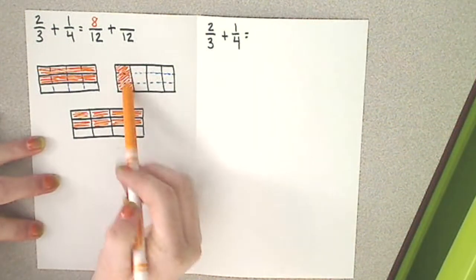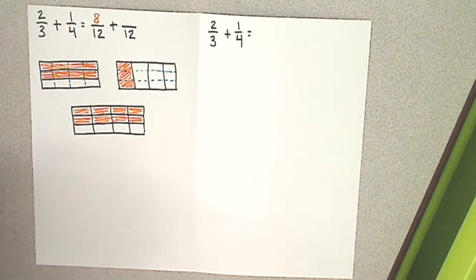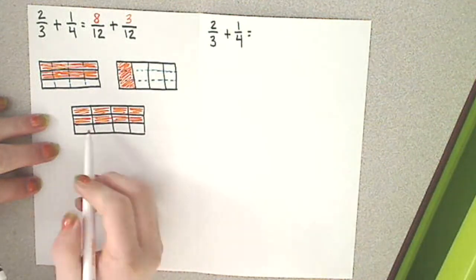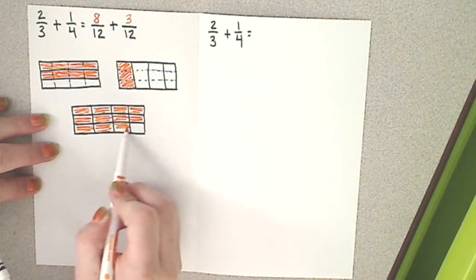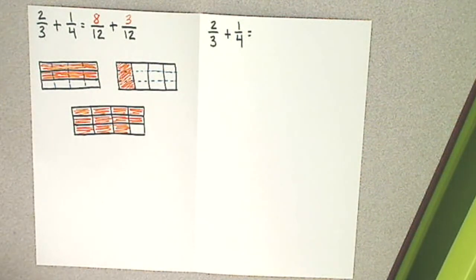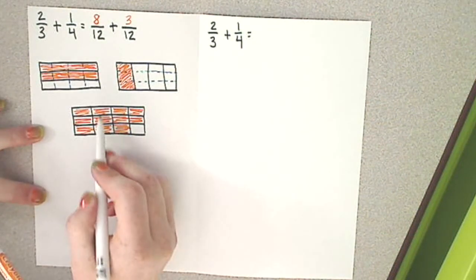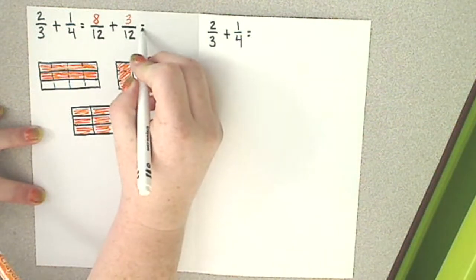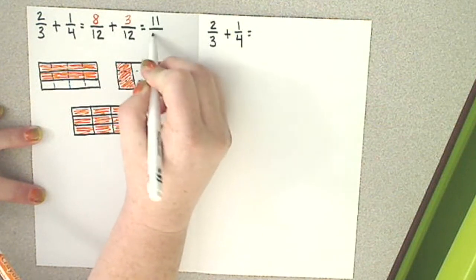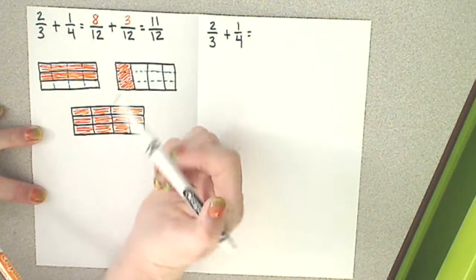And I can now see that my 1/4 turned into 3/12. So I need to shade in 3 more. 1, 2, 3. And now I can see that I have 11 pieces shaded out of 12. Eight plus 3 equals 11. Our denominator does not change.